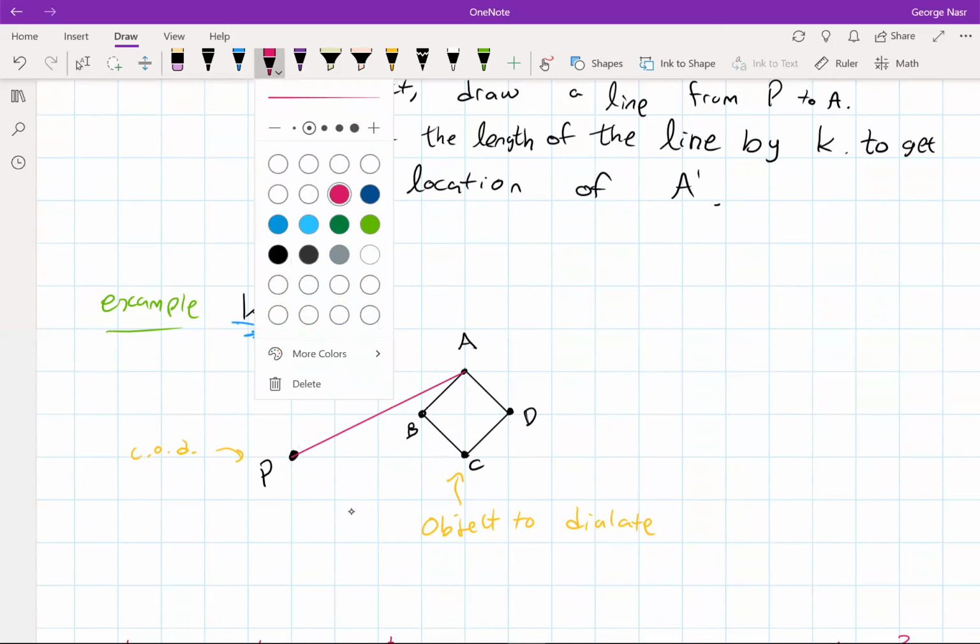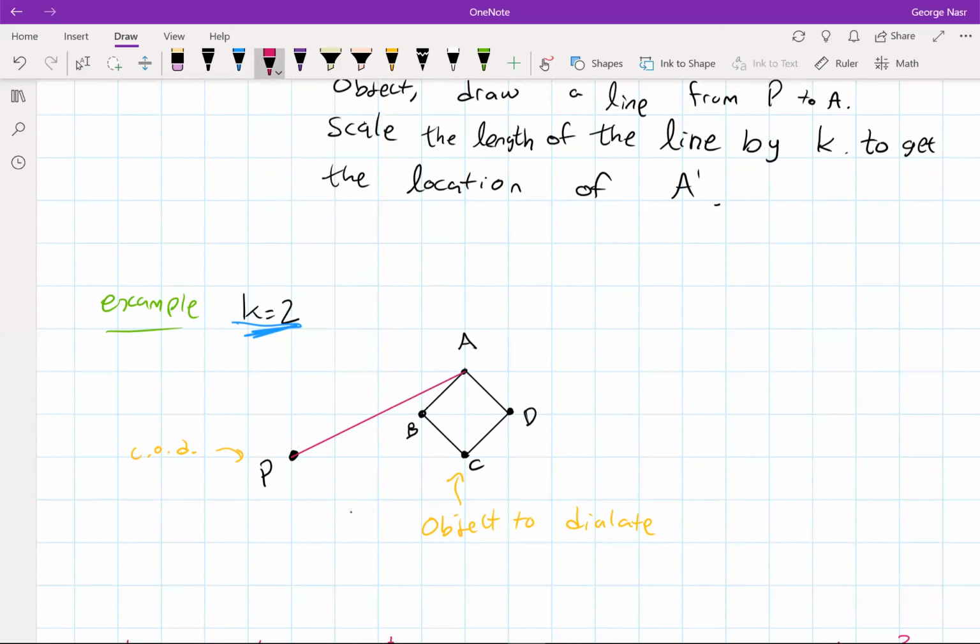In order to dilate the picture, we scale the length of the line by k. Since k is 2, I want to make a duplicate of this line. So it goes over 4, and it goes up 2, and that is the location of our new point, A prime.